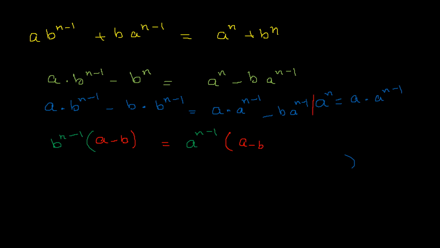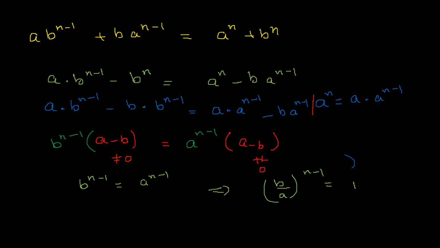As a and b are two different numbers, a minus b is not equal to 0, so we can cancel it, and we end up with b^(n-1) equals a^(n-1), which implies (b/a)^(n-1) equals 1.